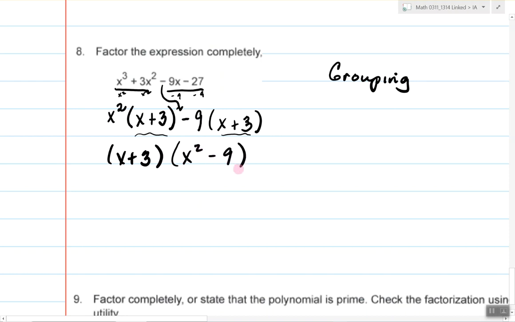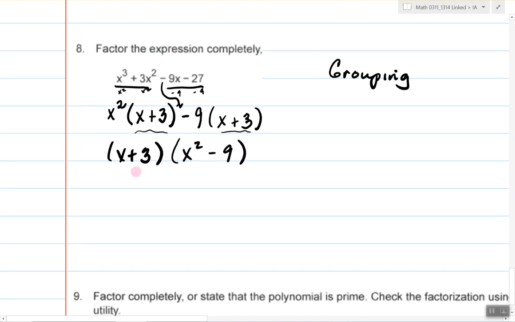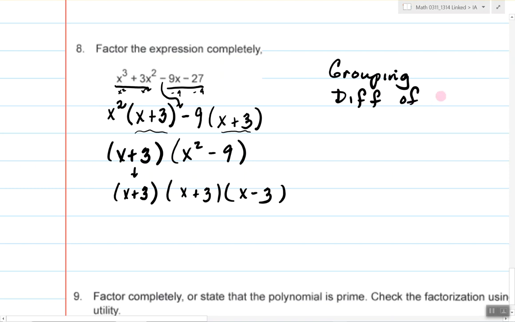I take a look at this and say, oh, that is the difference of squares. You'll keep this factor, x plus 3, and then factor this one further into x plus 3 times x minus 3. So there was grouping, and then there was difference of squares.